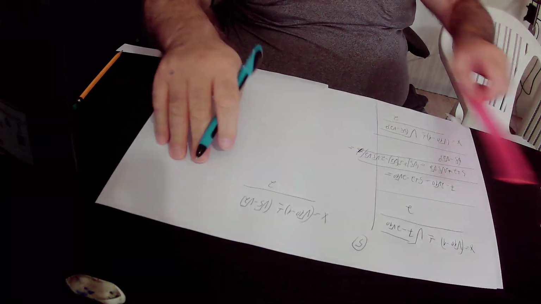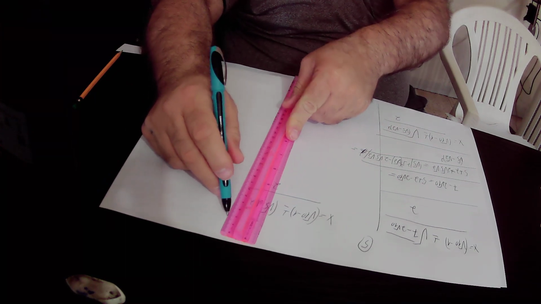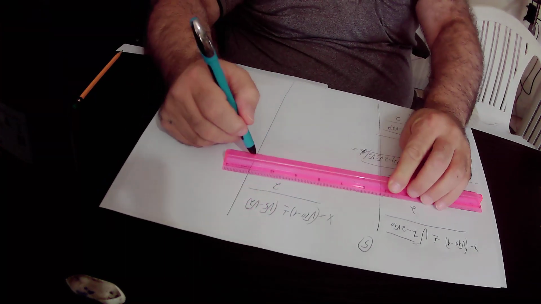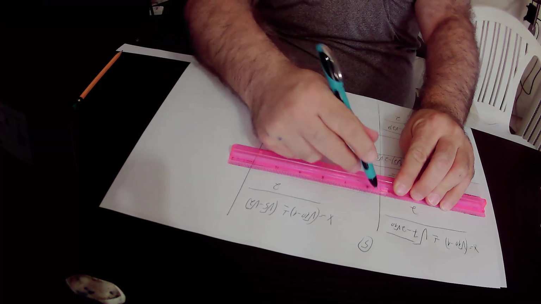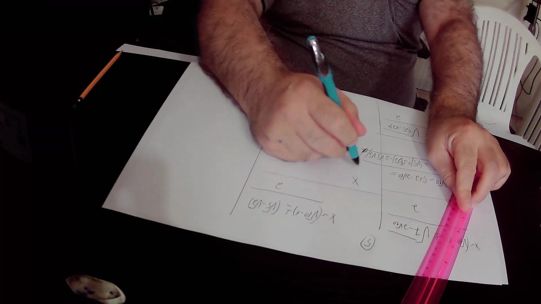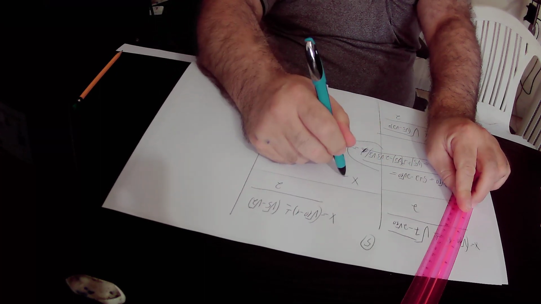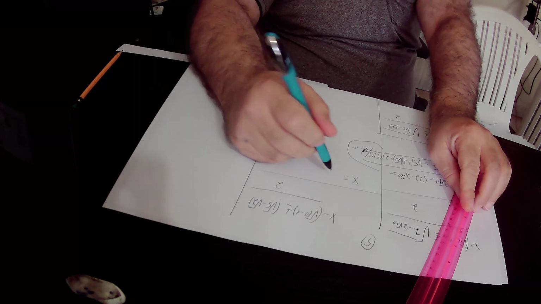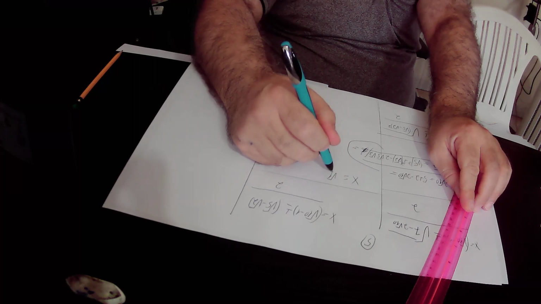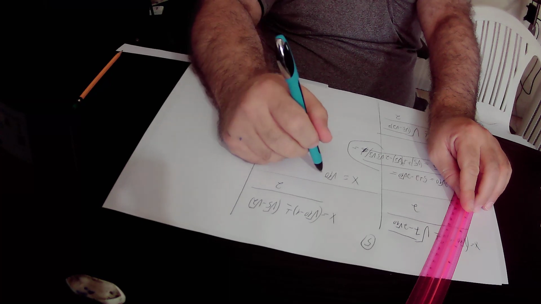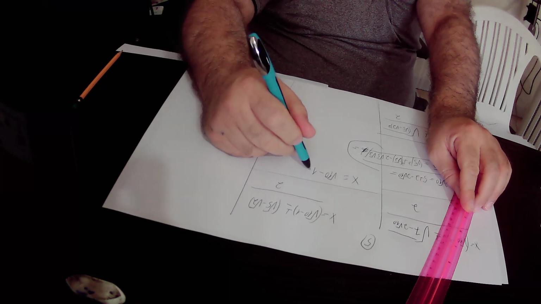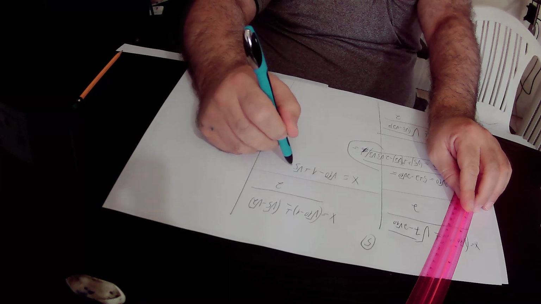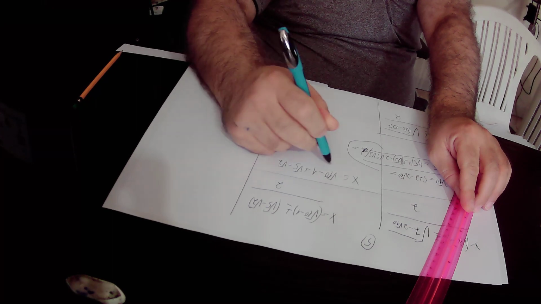So we actually found out that x equals square root of 10 minus 1 plus square root of 5 minus square root of 2 over 2.